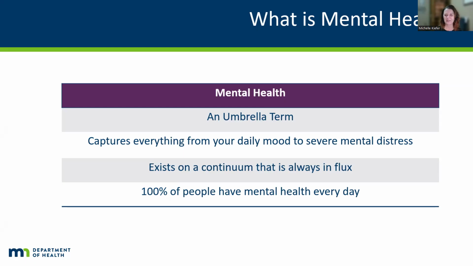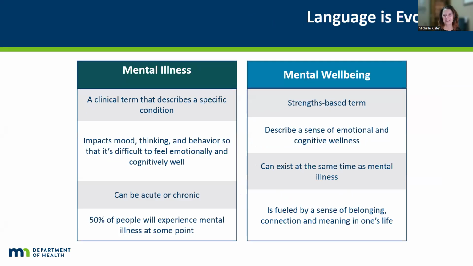All right, so moving on. What is a language that we can use in speaking about mental health? The difference between mental illness and mental well-being, okay? What does that mean? A mental illness is a clinical term that describes a specific condition. The clinical term I have for my mental illness is depression.